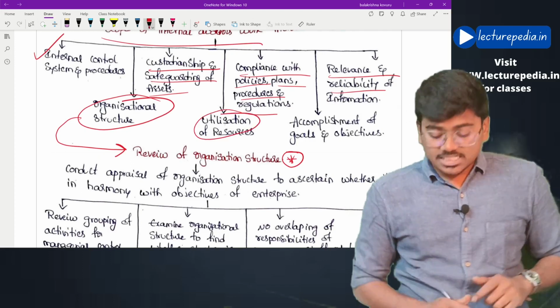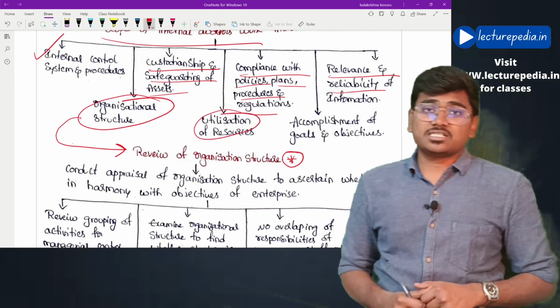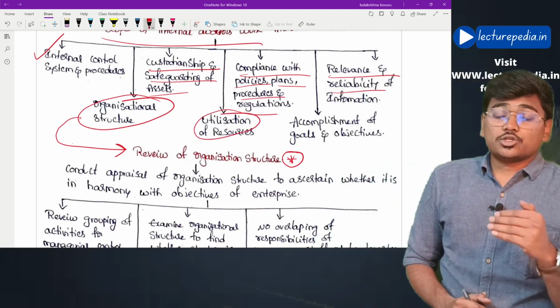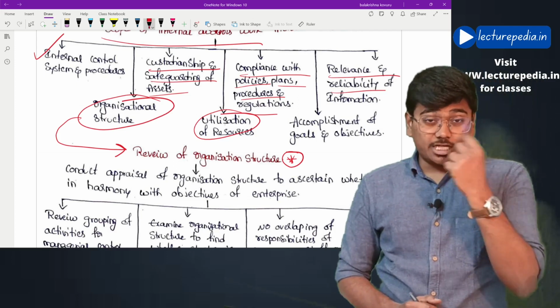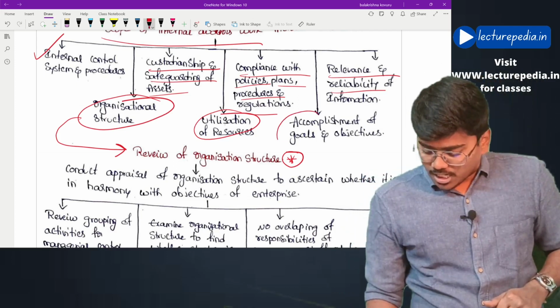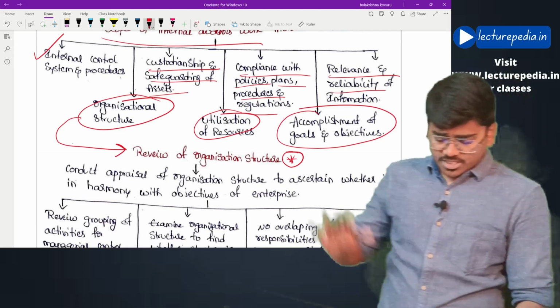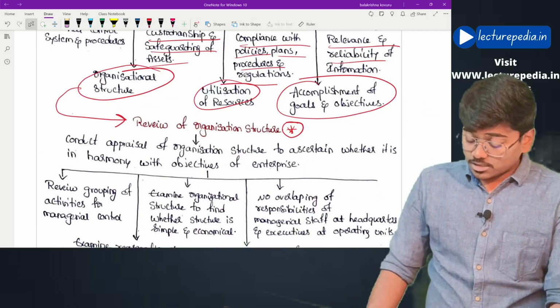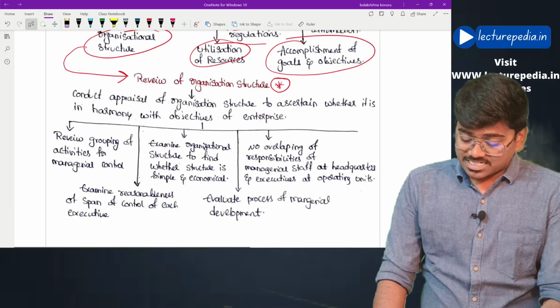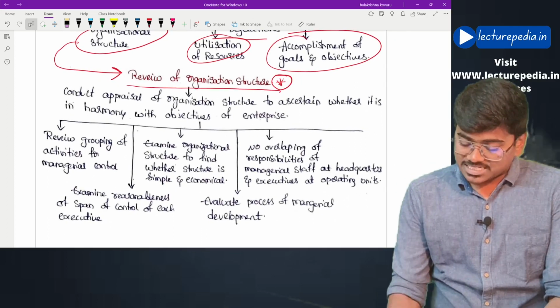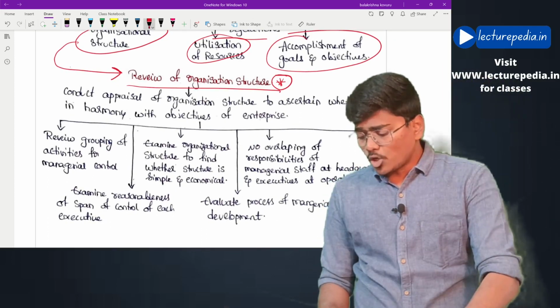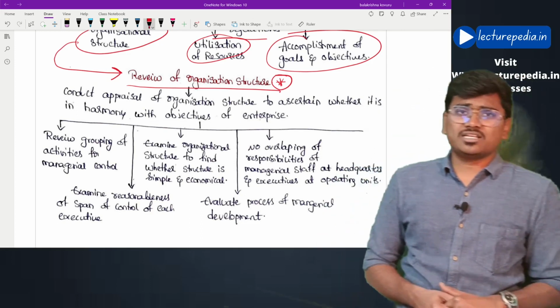Next, utilization of resources: how the organization is utilizing the resources, whether resources are being utilized in an economic way or not, and accomplishment of goals and objectives. Those areas will be reviewed by the internal auditor. Now there is a specific discussion related to review of organizational structure. How will the internal auditor review organizational structure?